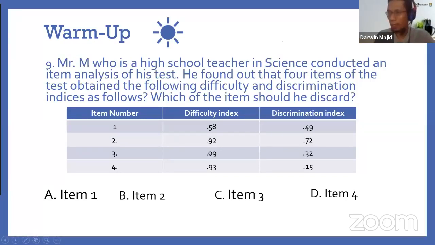Ano po ang dalawang item na lumabas? Give me a thumbs up po kung na-interpret na po natin. C and D. Okay, C and D.